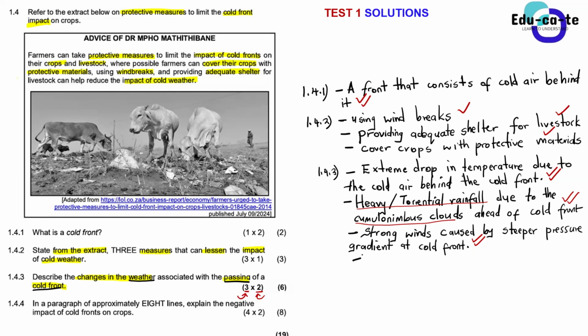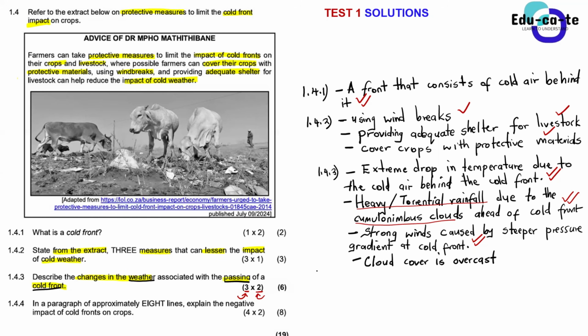So the cloud cover is overcast. It simply means that there's a lot of clouds in the upper atmosphere. But remember, this is like 2 marks per point.